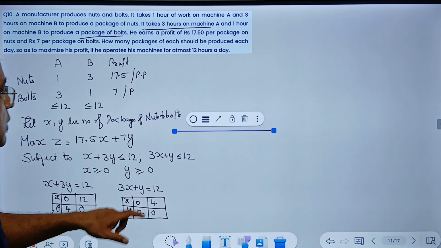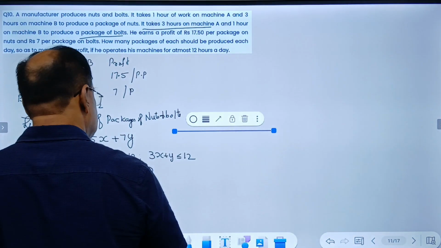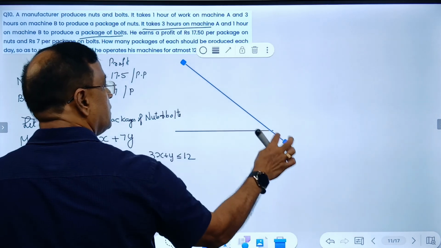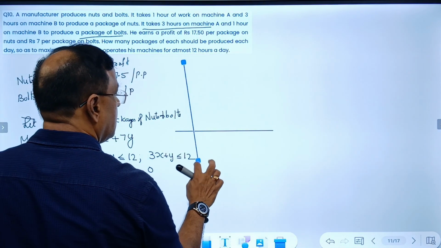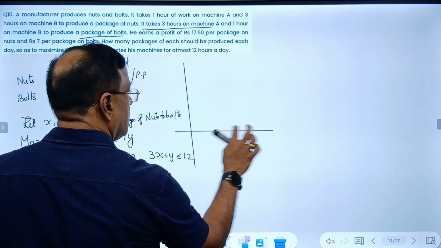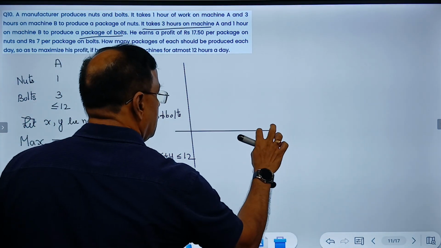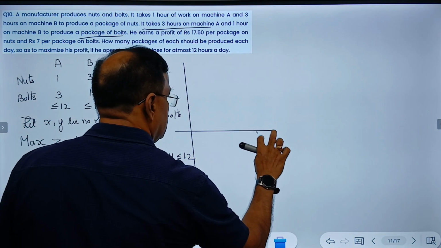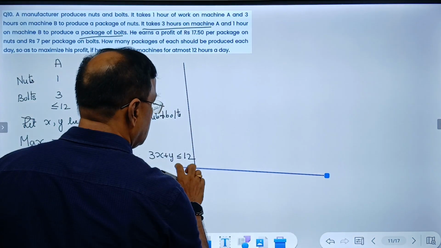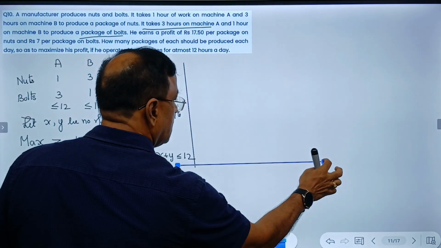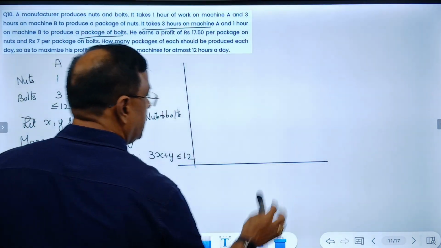Now how do I plot the graph? This is my x-axis and this is my y-axis. So let's try to move it. It's not moving. So this is x-axis and y-axis.